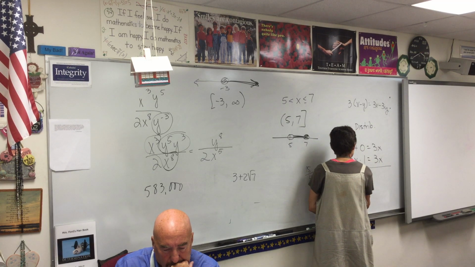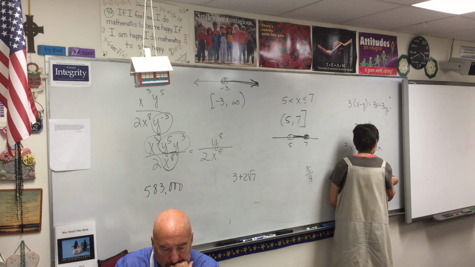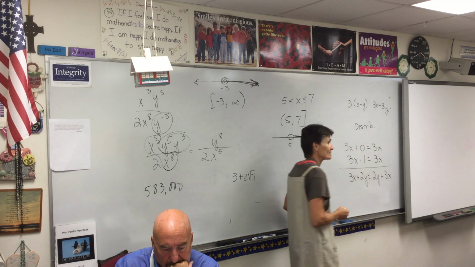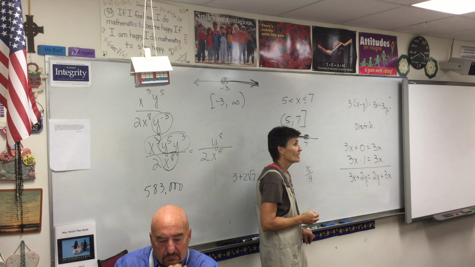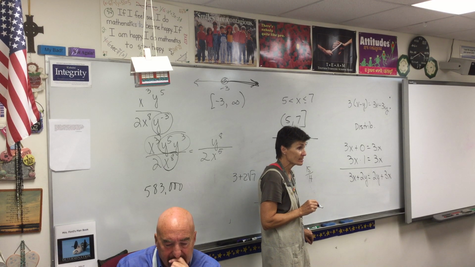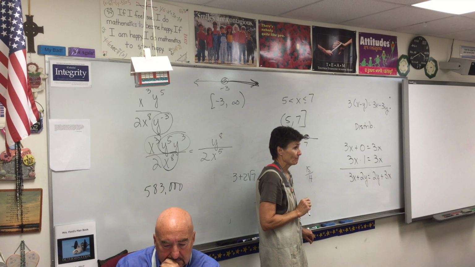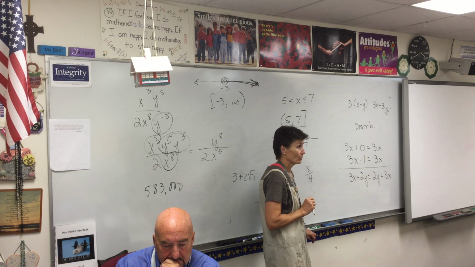What about this? What property is that? Commutative. Why is that commutative? Because the order changed. Commutative is order.